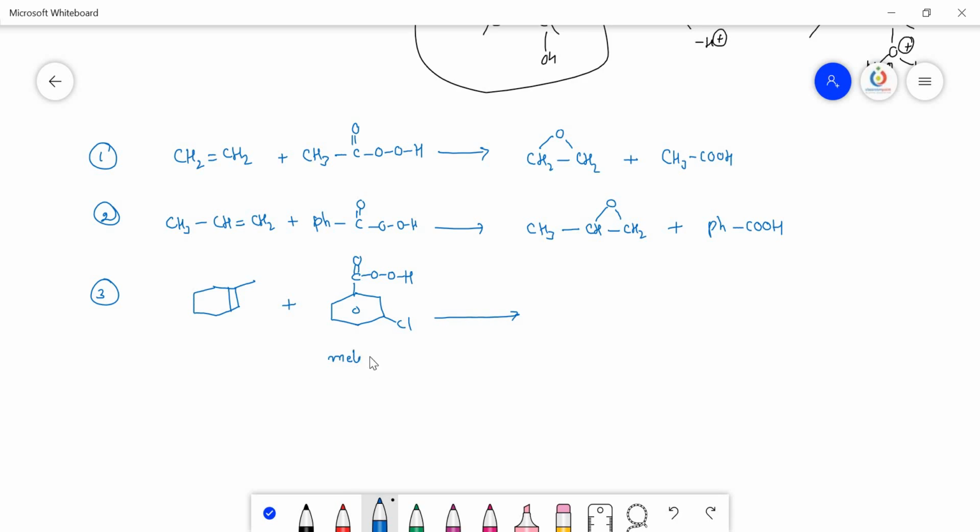This is metachloroperbenzoic acid. So what happens immediately? Epoxidation takes place. Epoxidation means this double bond will be converted to single bonds between the two carbons and the oxygen.